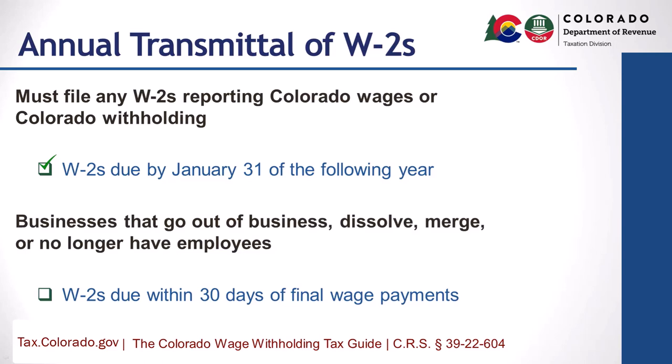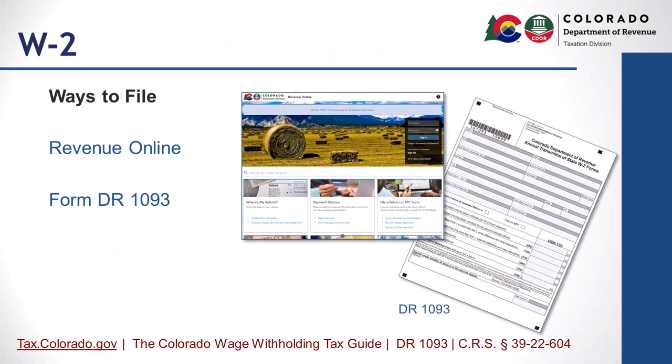An employer that goes out of business, dissolves, or is merged into another corporation, no longer has employees, or otherwise ceases paying wages must file W-2s with the department within 30 days of the final payment of wages. There are two options for filing employee W-2s with the state of Colorado. These can be filed electronically using the Revenue Online system or by paper using Form DR 1093.